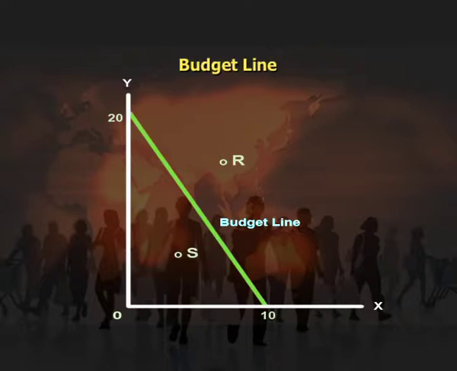The price line shows all the combinations of two goods that a consumer can afford to buy. Combination R that lies above the budget line will give him a greater level of satisfaction, but it is beyond his reach. On the other hand, combination S is within his reach, but he has sufficient budget to buy more of X and Y, which gives him more satisfaction.